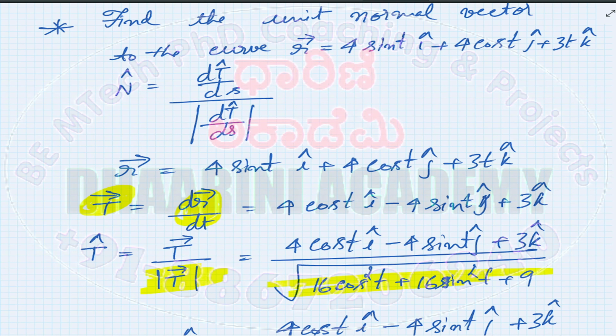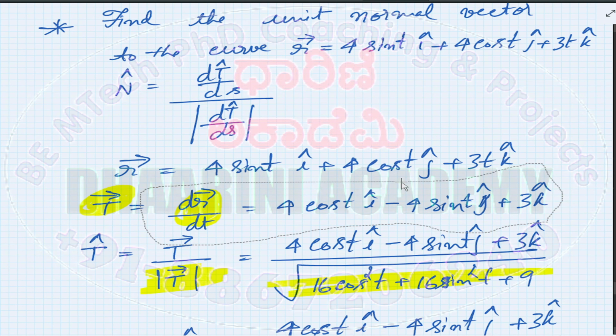So we start writing down the r equation here. We know that r is given by this one. Then we proceed further by using the equation for tangent, that is, differentiating this given r. When you differentiate r, 4 sine t becomes 4 cos t i cap.